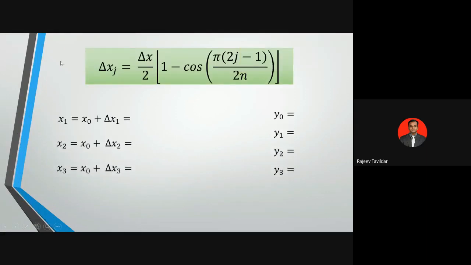Once you get these values, you can add x0 to them so that you directly get x1, x2, x3. And since the equation is y equal to sine x, if you know x, you can get the associated y values.